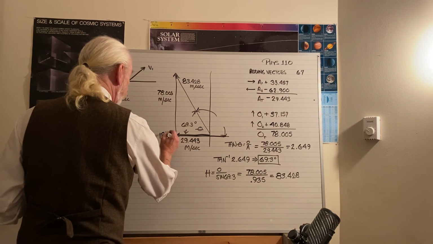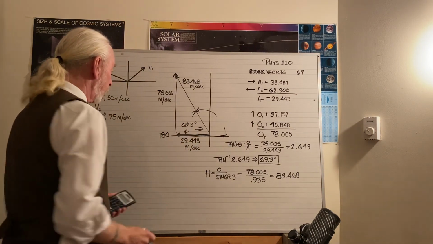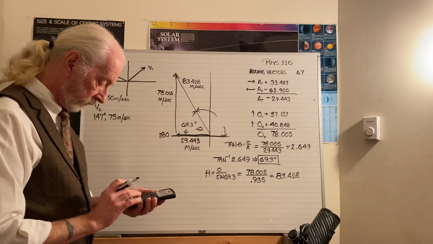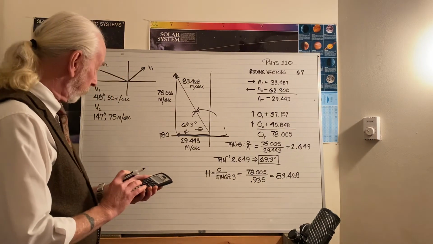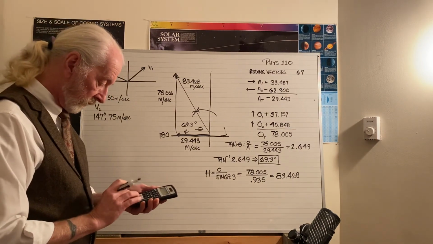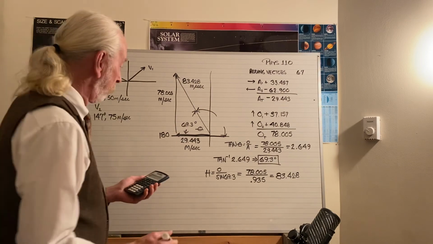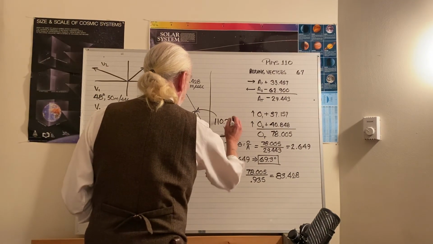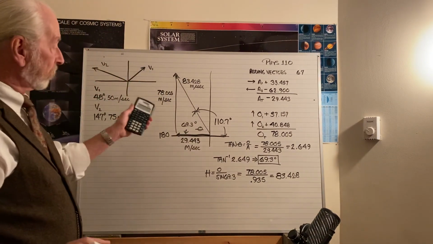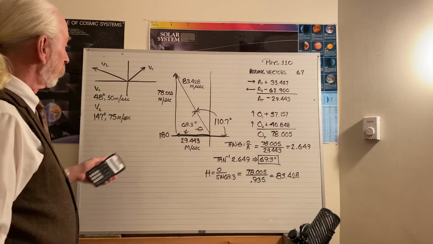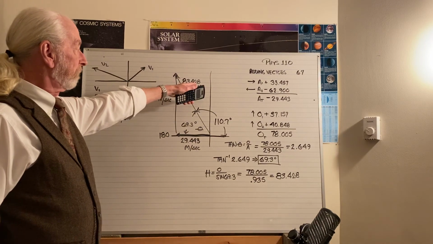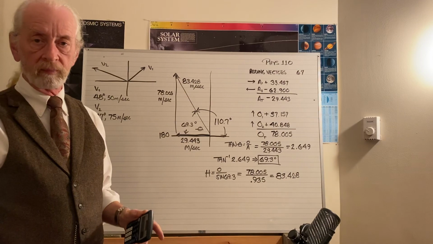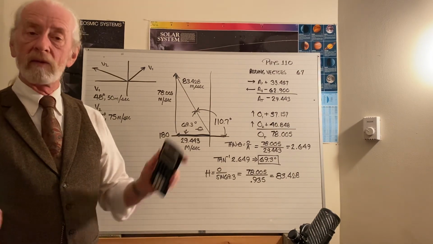We take 180 and subtract 69.3. 110.7 degrees. So the resultant here is 83.428 meters per second at an angle of 110.7 degrees. All right, we'll pause here. I have one more example for you.